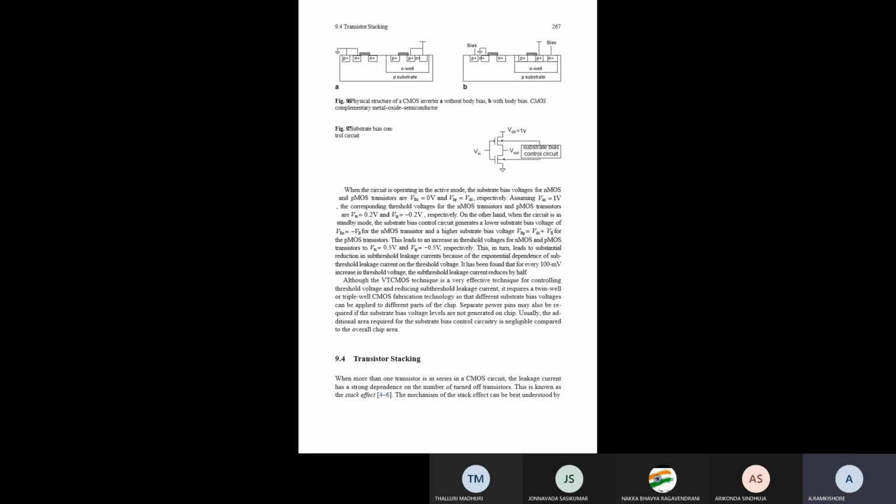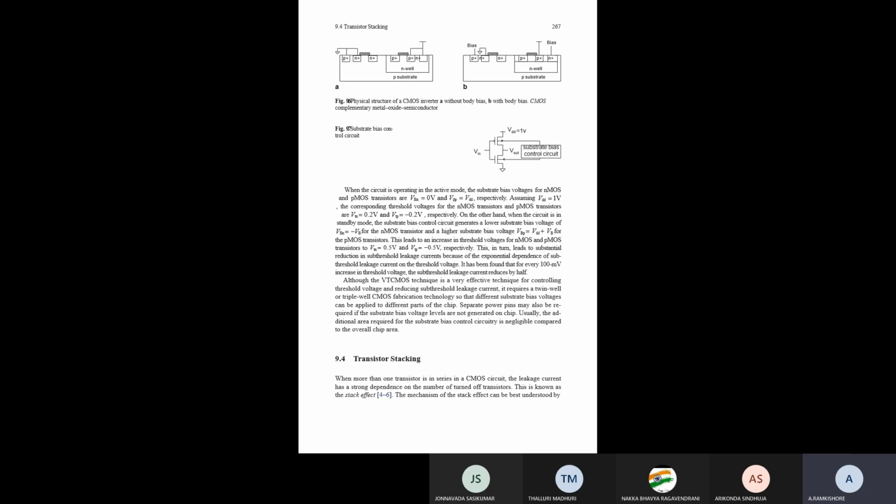So in those techniques, when we are maintaining a variable threshold, or multiple threshold levels, the leakage content, or the leakage current, will be controlled by using one of the techniques.